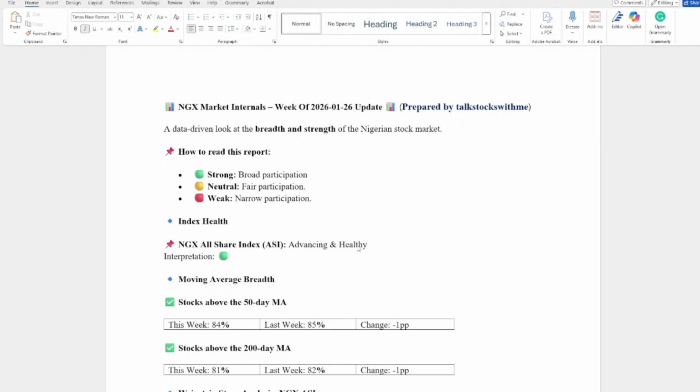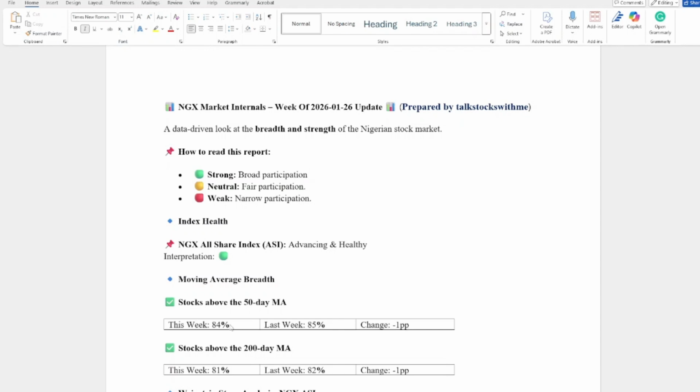Now, how do I arrive at this rating, this whole framework? I make use of the moving average breadth, and I make use of the Winston stage analysis. Let's begin by looking at the metrics that fall under the moving average breadth. The first KPI that I record is the percentage of stocks within the ASI that are trading above their respective 50-day moving average. You can see that this week ended at 84% compared to 85% the prior week, which is a minus 1 percentage point change.